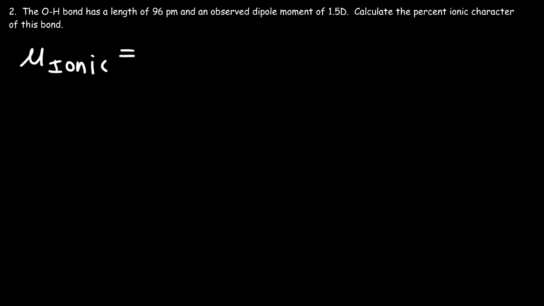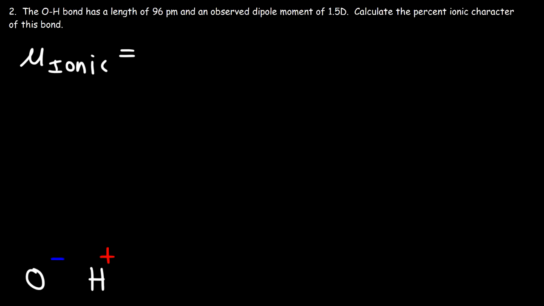So that would mean oxygen has a full negative charge and hydrogen has a full positive charge. Oxygen would have a negative charge because it's more electronegative, so that would be O minus, and this would be H plus.